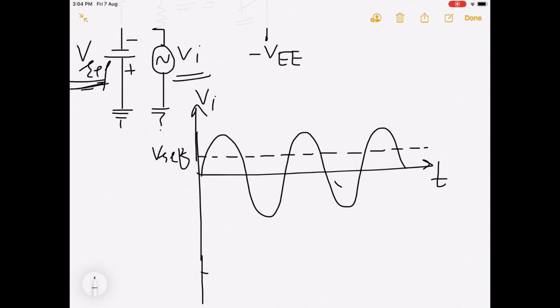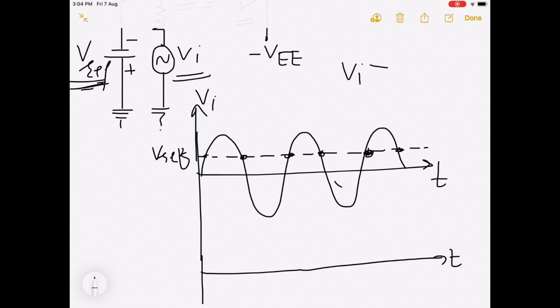Now, the comparison takes place at these points. These points are very important, where the input crosses the reference voltage.